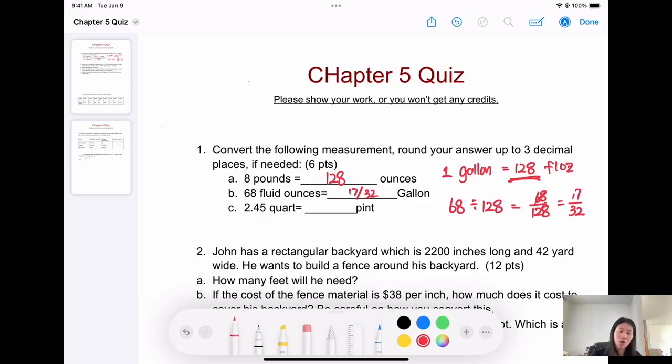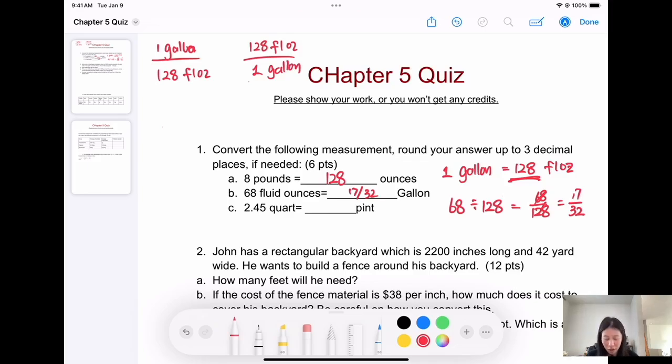So now we just learned a different way. This is one way to do it. From a small unit converted to a bigger unit, we use division. From a bigger unit converted to a smaller unit, we need to use multiplication. Now, if we use the new way that we learned, we have 1 gallon equals 128 fluid ounces, or 128 fluid ounces to 1 gallon.